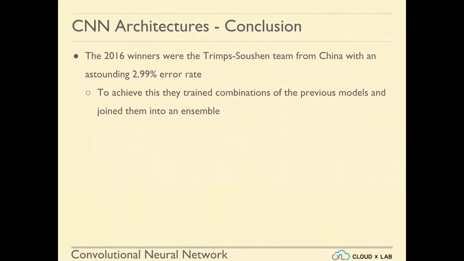Now, that was the winner of 2015. The winner of 2016 was the Trimps-Soushen team from China with an astounding error rate of 2.99%. To achieve this, they trained combinations of previous models and joined them into an ensemble.